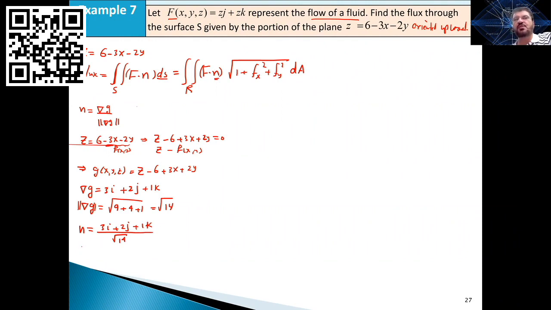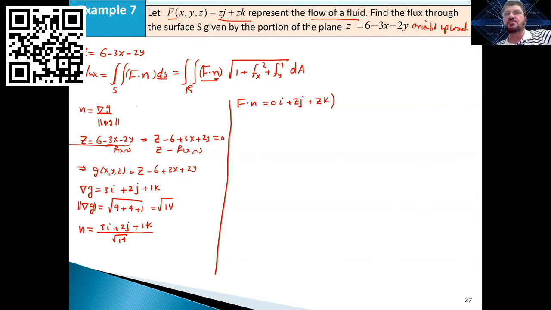All right, now, what do we need? We need F dot N. What's F in the question? Here it is. F, by the way, is 0i plus zj plus zk. I want to multiply this by N, which is 3i plus 2j plus 1k divided by the square root of 14.